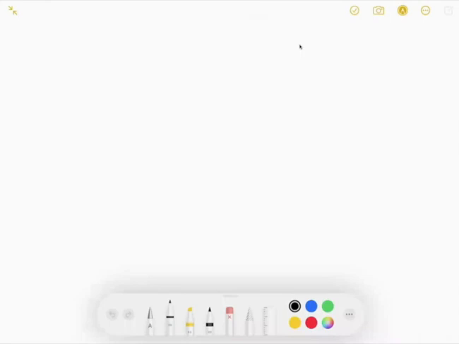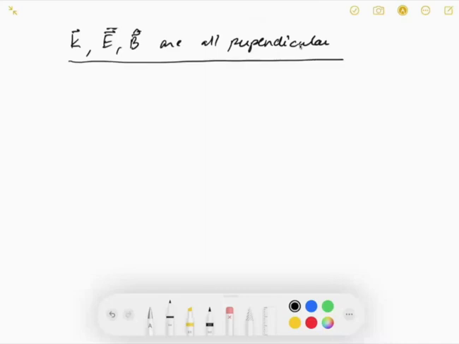Okay, so let's keep going. So we made some general statements. We know that our K and E and B are all perpendicular. So without assuming any kind of particular electromagnetic wave, are there things that we can say about waves that are described by this very minimal set of conditions?